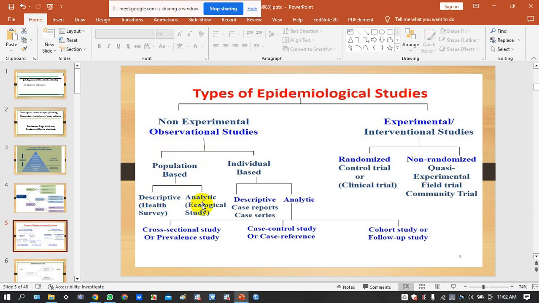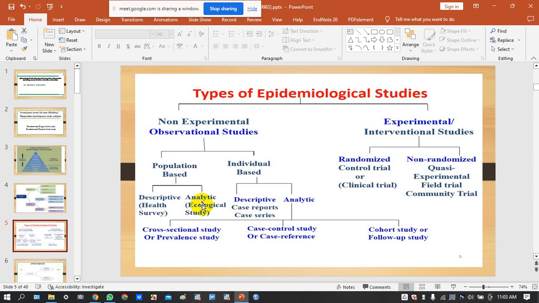An ecological study, like I explained initially, is a study that compares large groups of people instead of individuals for differences in things such as cancer rate. So if you want to compare the prevalence or percentages of cancer in the 16 regions of Ghana, or even HIV, percentage of HIV in the 16 regions of Ghana.